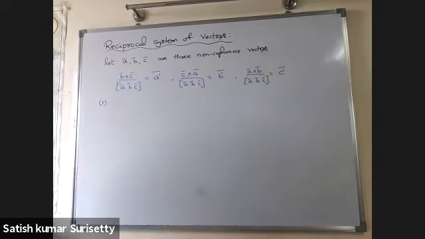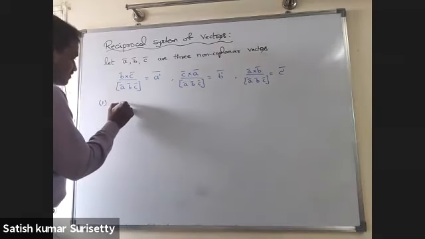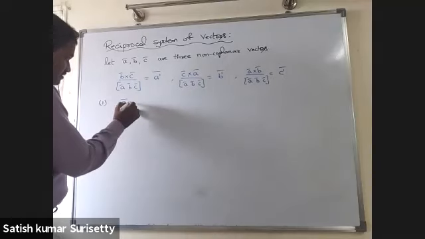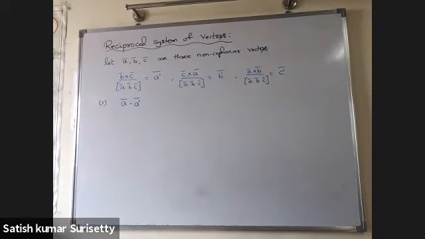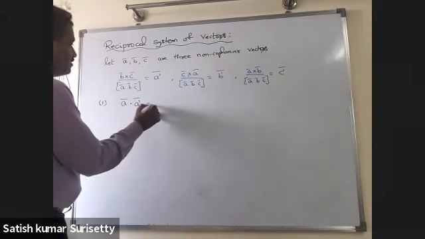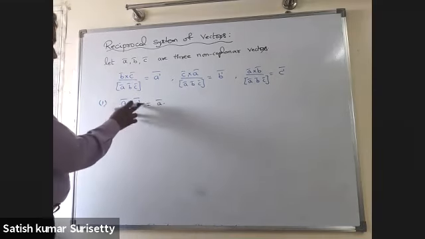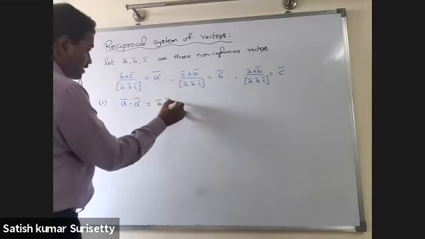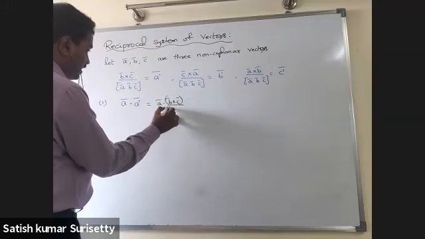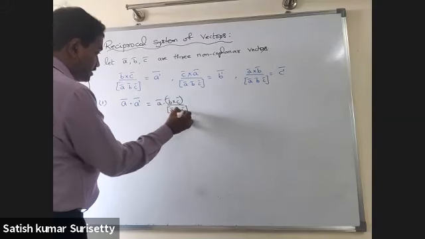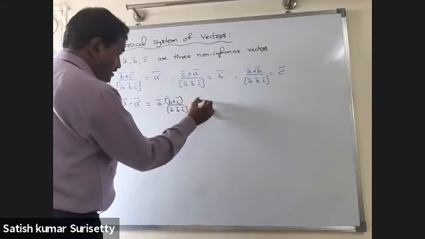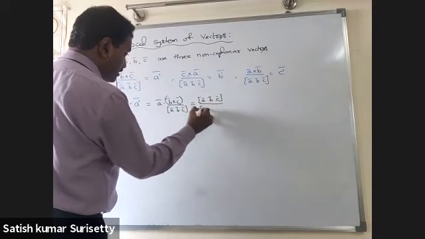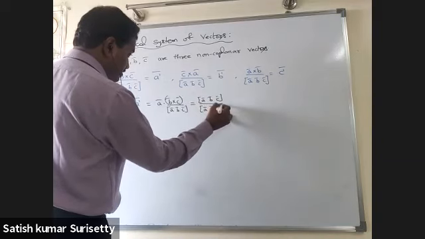Properties of reciprocal system of vectors. A bar dot A dash bar equals B bar cross C bar upon scalar triple product of A bar, B bar, C bar, which will be the same as numerator A dot B cross C, which is the same as scalar triple product of A bar, B bar, C bar upon scalar triple product of A bar, B bar, C bar, which is equal to 1.